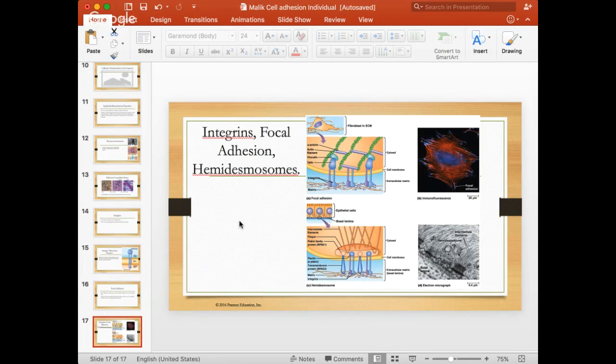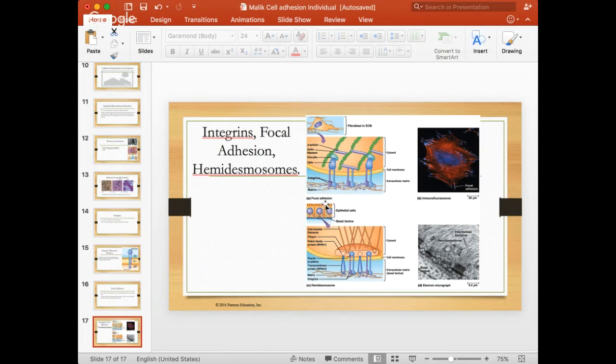So as you see in this figure here, we have the alpha-actinin, we have the actin filament, and we have the talin and the paxillin. You can see that they are showing the different types of integrins, and you can see which part each cell membrane, extracellular matrix, or cytosol is a part of.